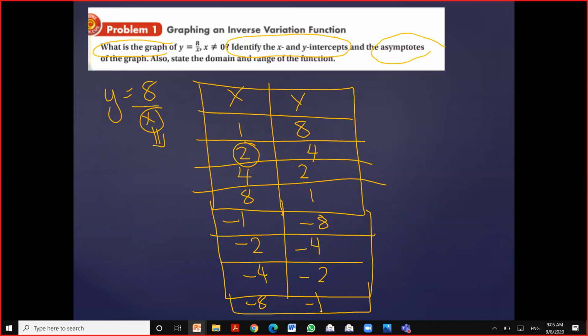So here we have the plot of the numbers.